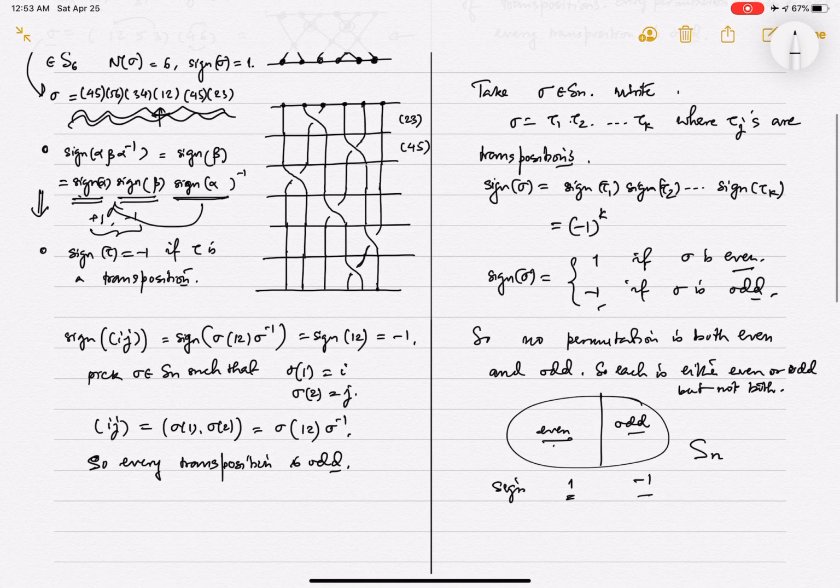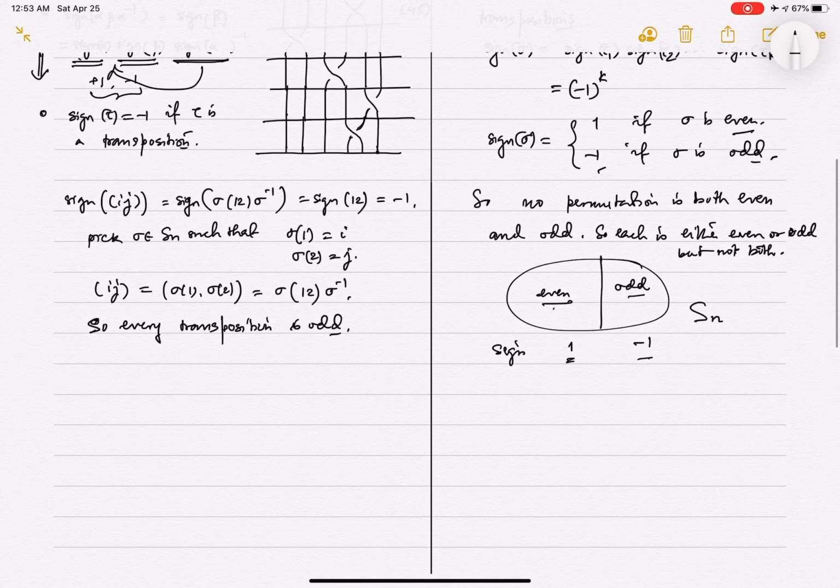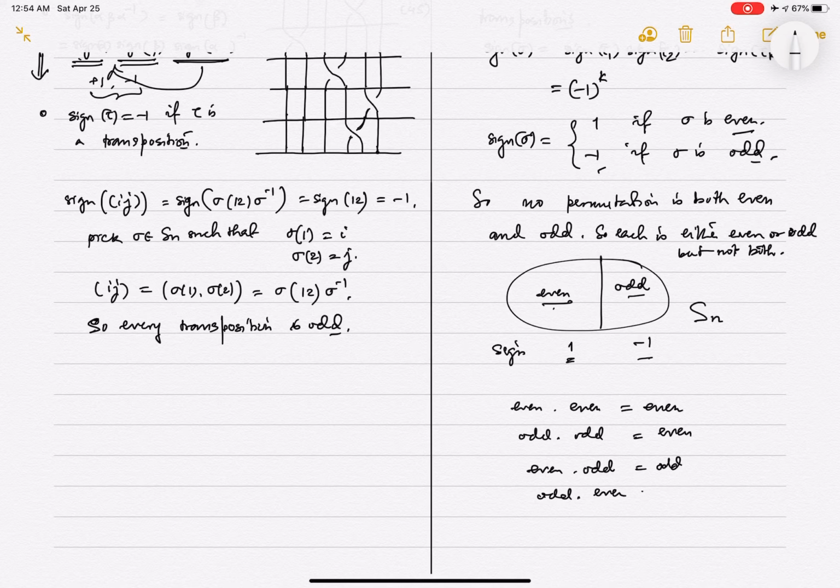Okay. So I won't write this down, but it's written down in the notes that even times even is even, odd times odd is even, and even times odd in either order is odd.